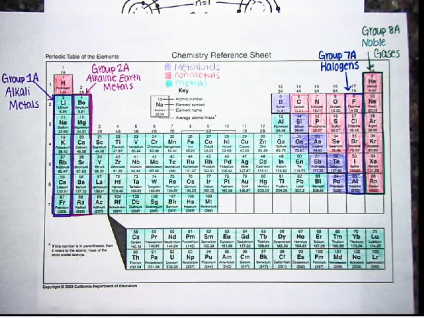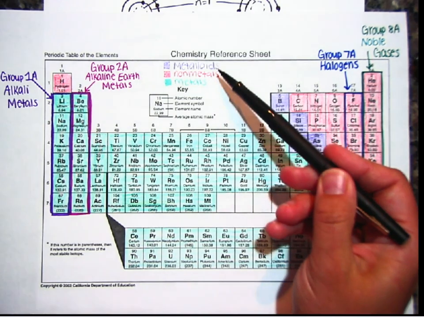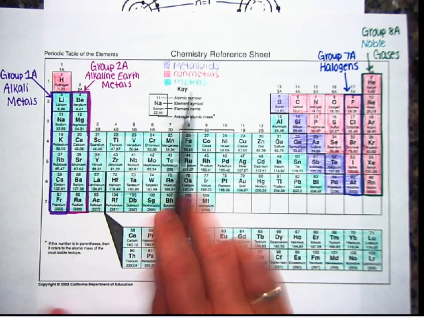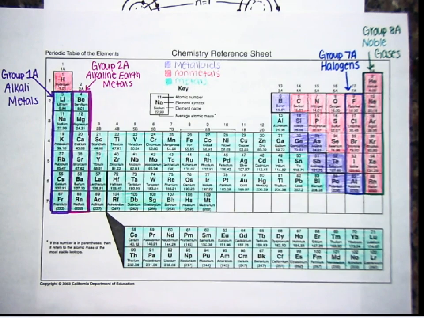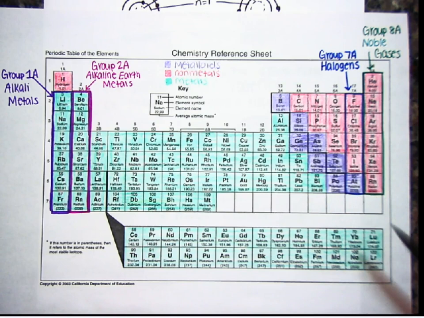I have my periodic table color-coded, and we're going to talk about these elements next. So everything in this greenish blue color, which is most of the elements on our periodic table, those are all metals. Purple, these are the metalloids.